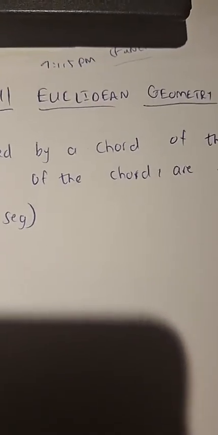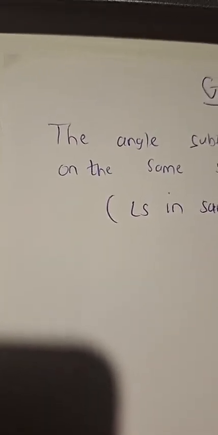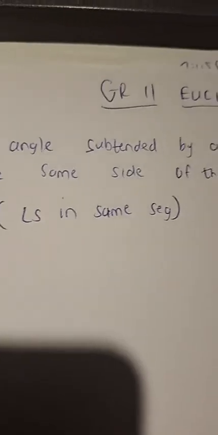So I repeat again the statement: the angle subtended by a chord of the circle, okay, on the same side of the chord are equal. So I'm going to give you the diagrammatic representation of this theorem, okay, very shortly. Just give me a sec, I just want to connect this here.